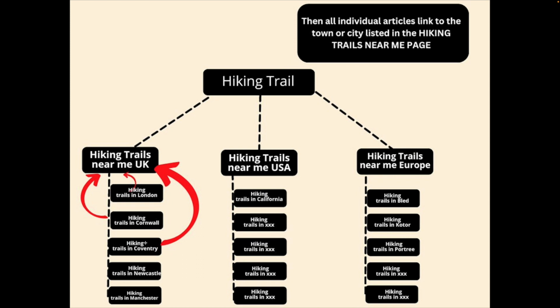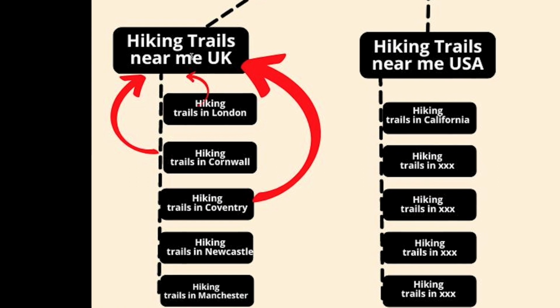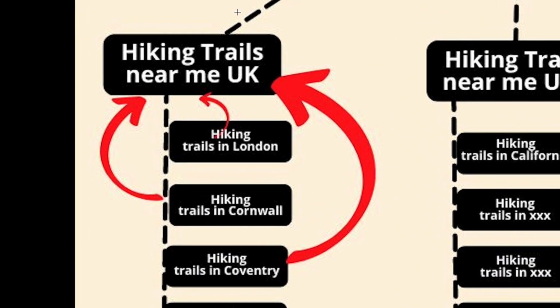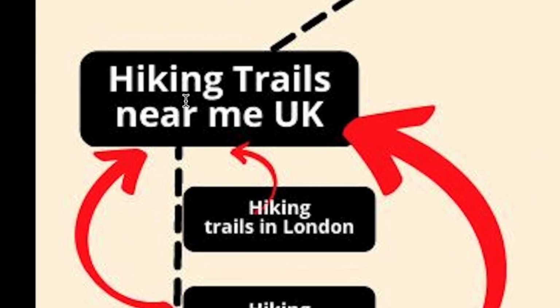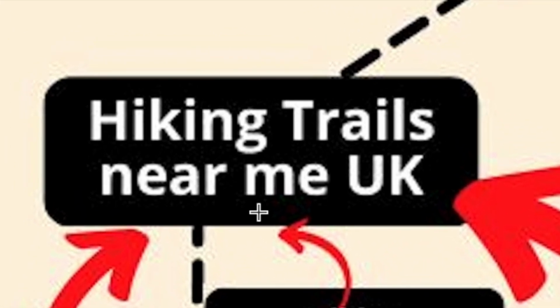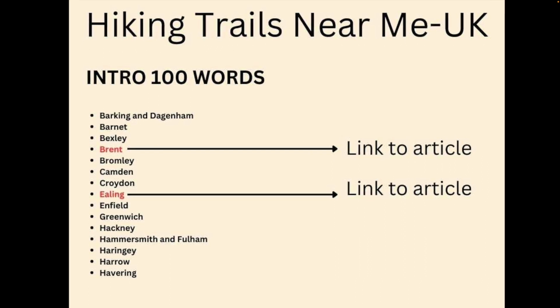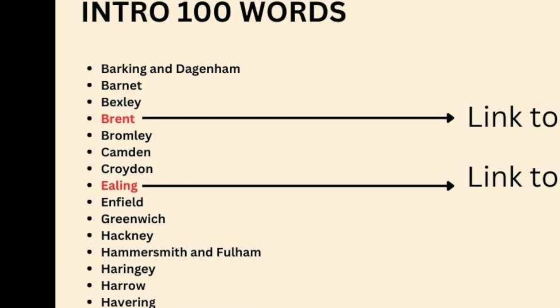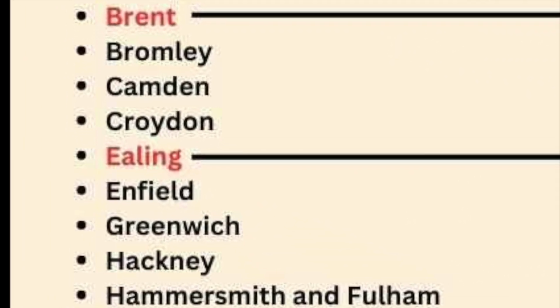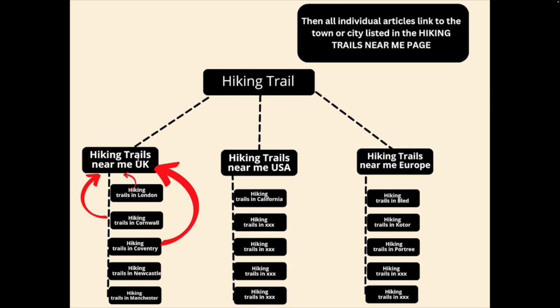Now, each one of these will link back into that directory style post, the keyword that is targeting hiking trails near me. So each one of these would now go into that directory. Then all I do is highlight the actual place. So as you saw before, if you can imagine a directory list of just the names of 60 towns, each one of those towns I would highlight and link this content back to.